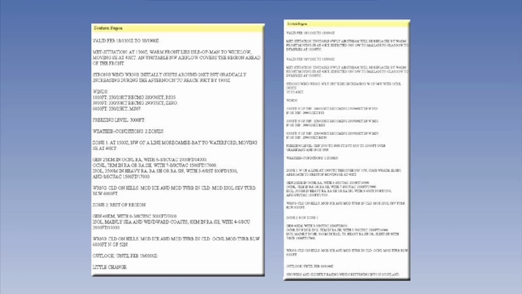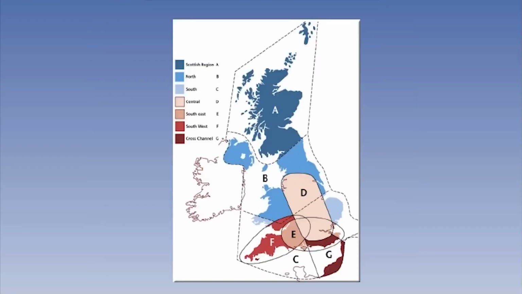In the UK, Airmets are produced for 8 different geographical areas. The information contained within these Airmets is entirely consistent with the information contained in the 215, which is valid for the same time period.